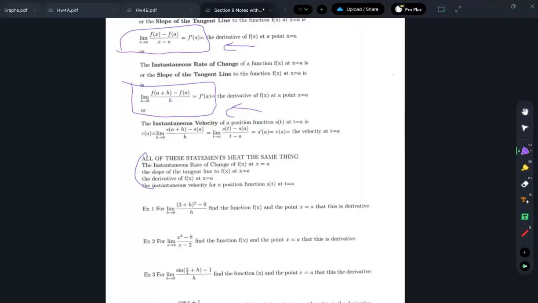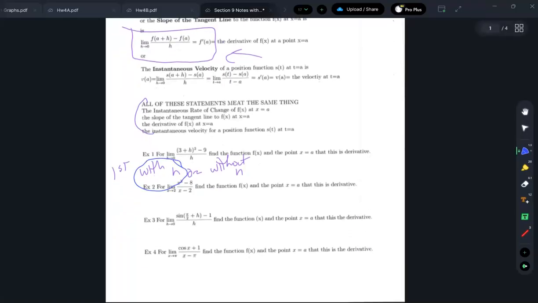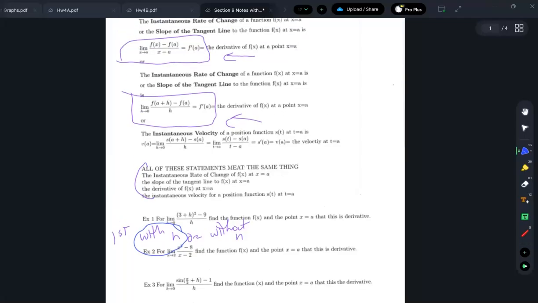So first, let's think about, is this with h or without? I can see it's with h, because it's got h going to 0. So that means I'm comparing this with this.